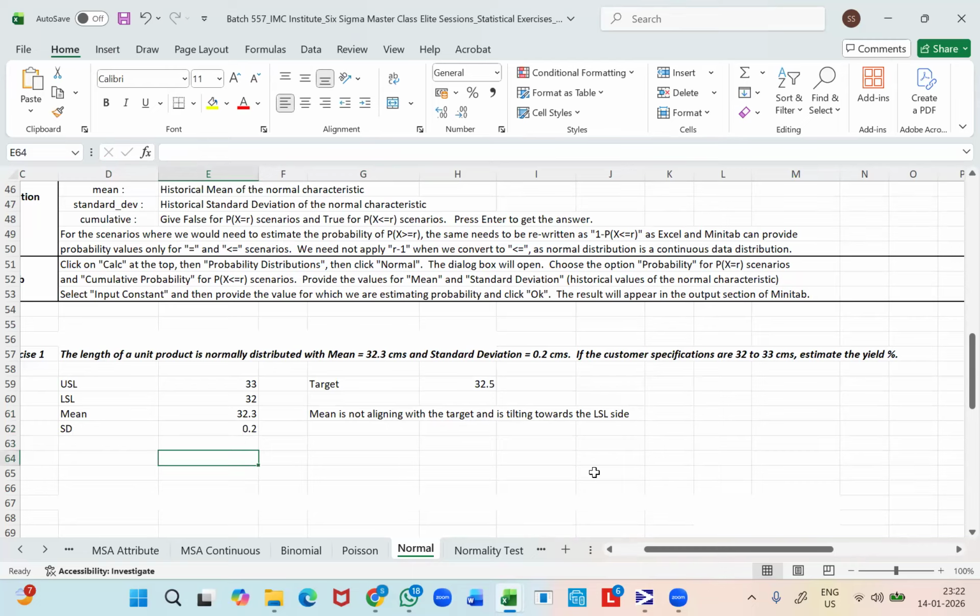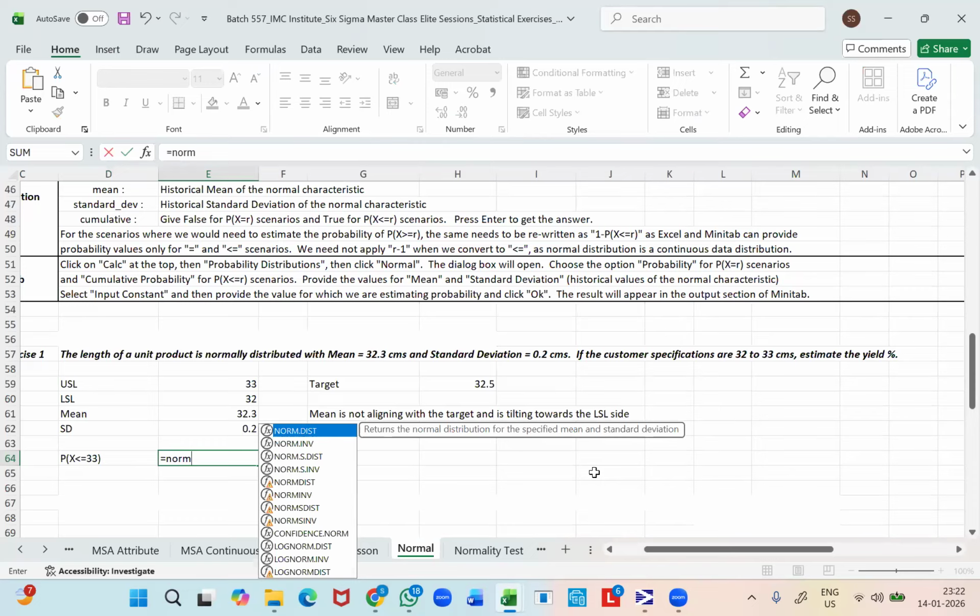Now, as I told you, first we need to find out the entire area to the left of 33. So I will use the probability notation P of x less than or equal to 33. What is the Excel formula?